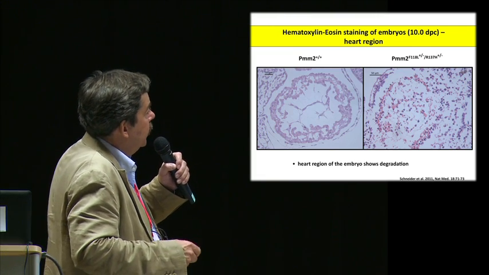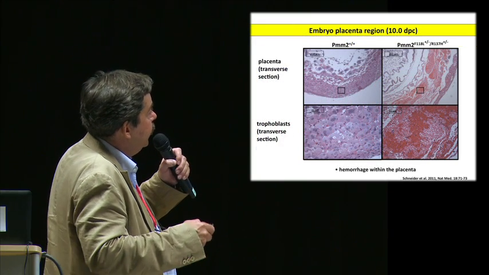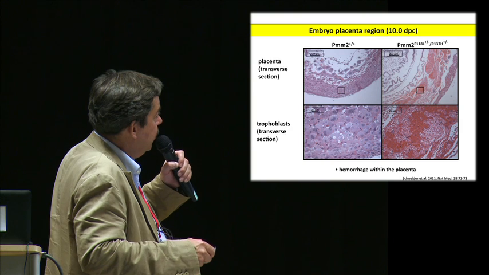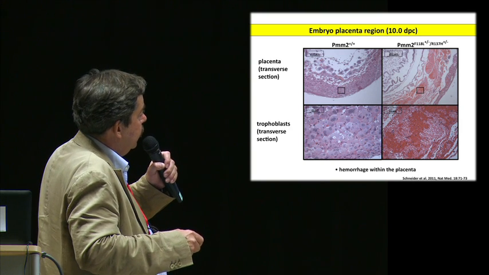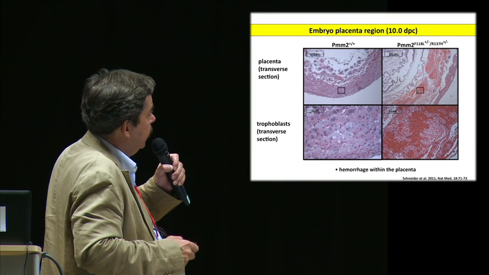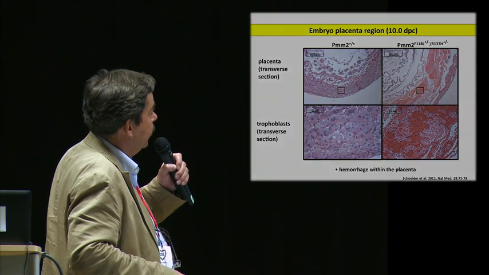But what I think is crucial is you see the area of the placenta with severe bleedings in this case, in comparison to the litter mate trophoblast area.